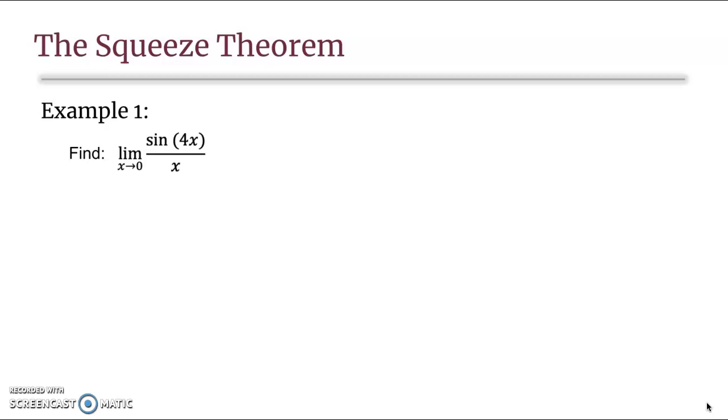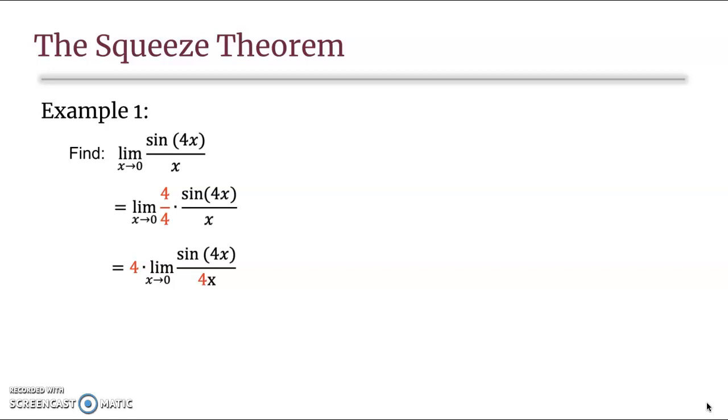So look at this: sine of 4x over x. It's not exactly in the form I want it, but I can do a little bit of algebra and it's going to be very easy to work with. So if I multiply by 1, 4 over 4, I can rewrite the limit like this. Now I've got 4 times the limit as x approaches 0 of sine of 4x over 4x.